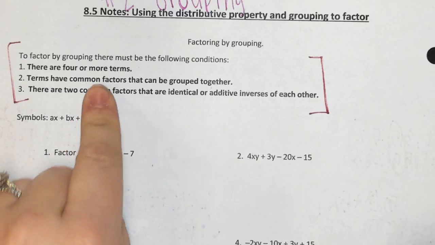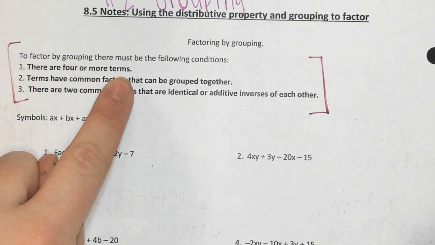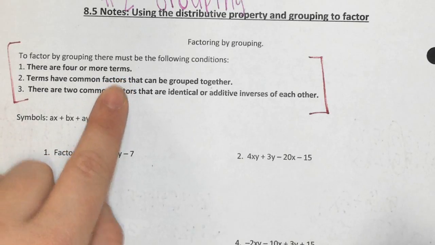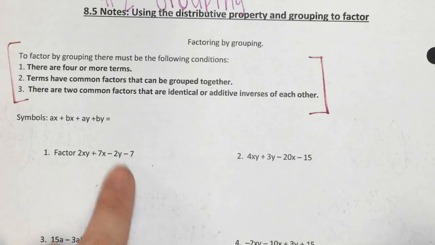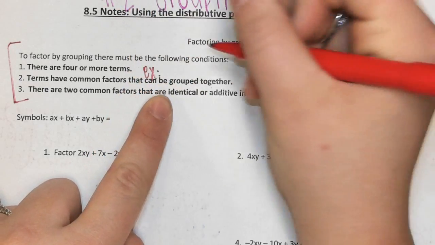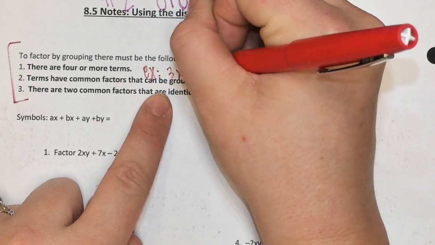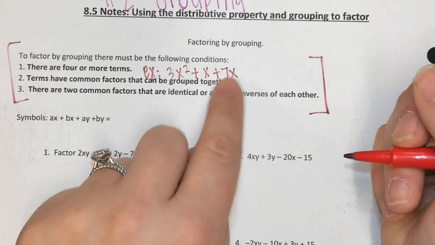The first condition is that there are 4 or more terms. So a term is like a monomial. So right here, we have 4 terms. So I know I can use grouping. If you just had 3 terms, 3x squared plus x plus 7x, that's just 3.